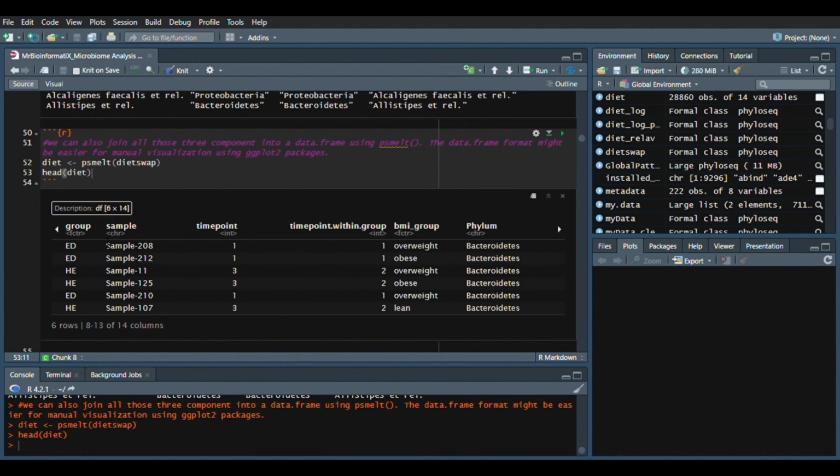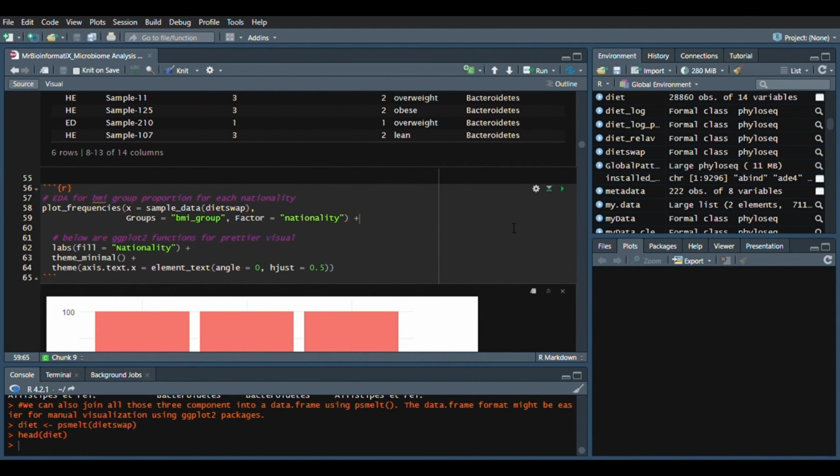And then group, classification of subjects into different groups based on the criteria, like dietary intervention, ED or HE, and so on. Now let's dive into some exploratory data analysis using the plotting functions from the microbiome package.